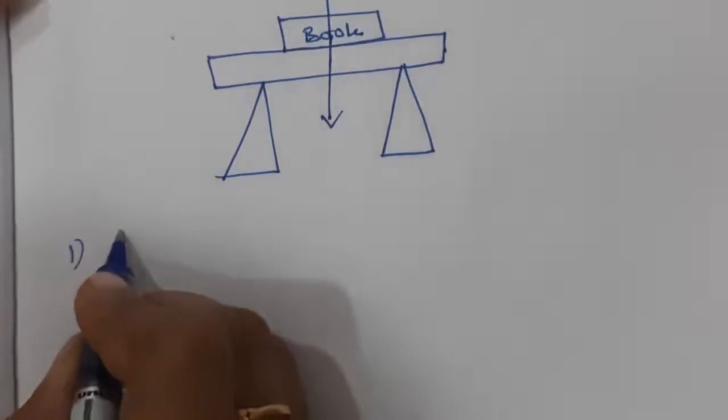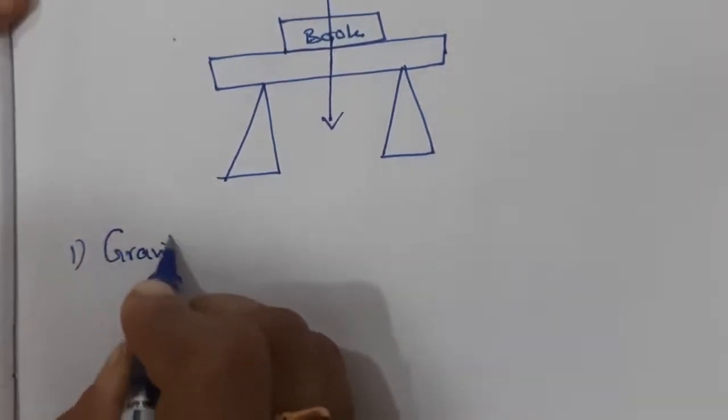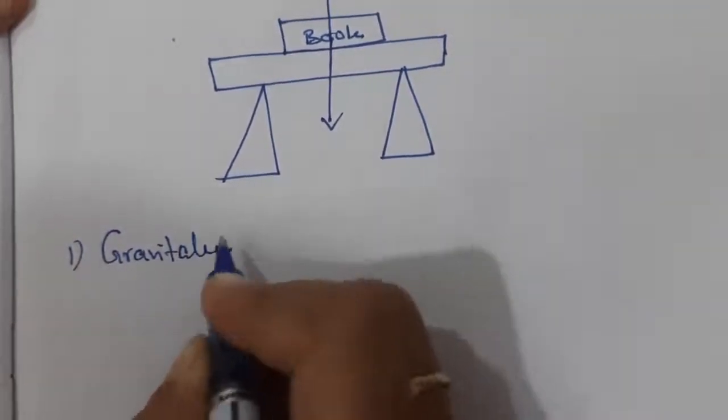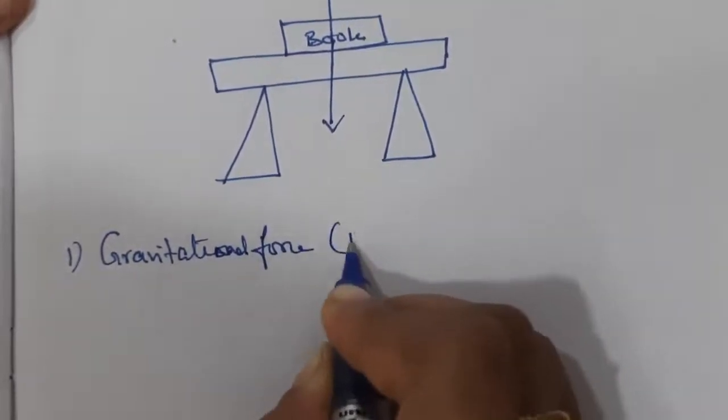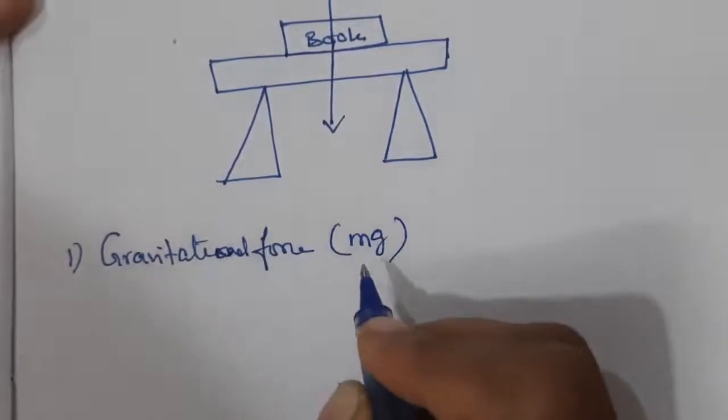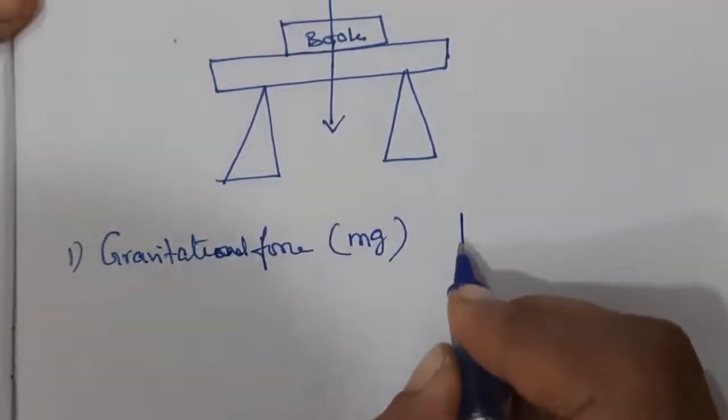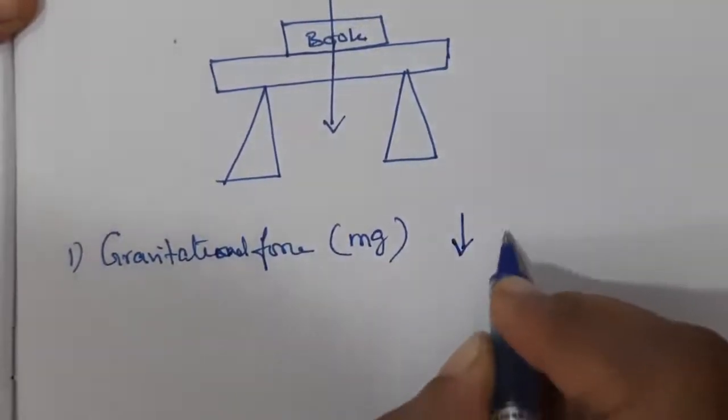Gravitational force, normally we can write as m into g, which is acting downwards on the book.